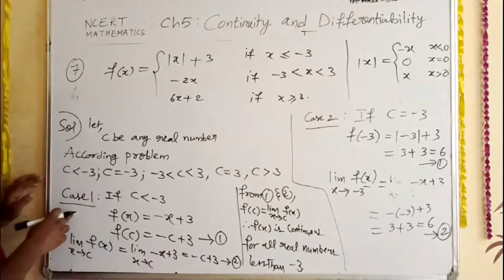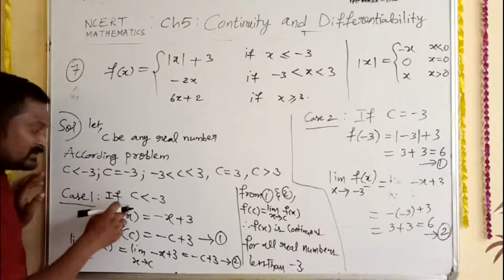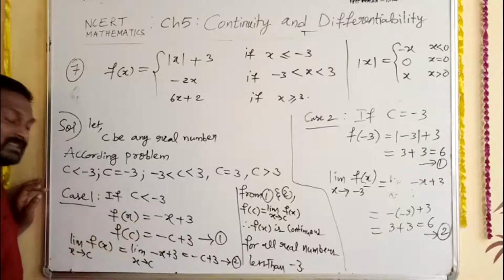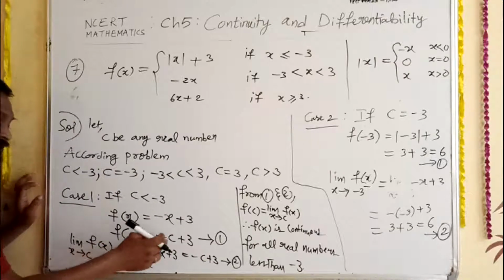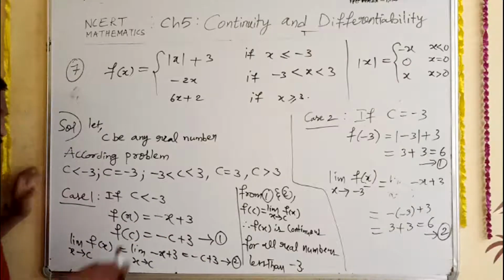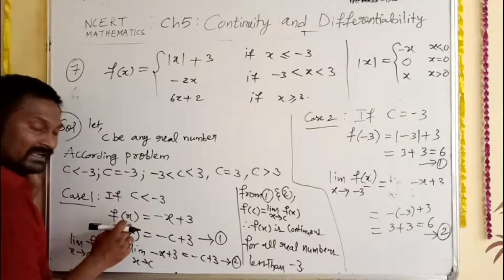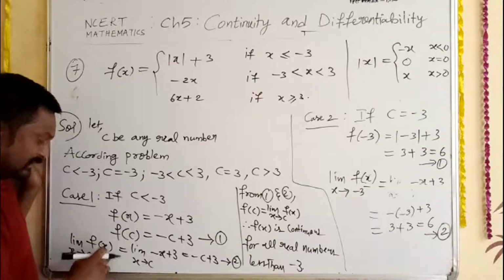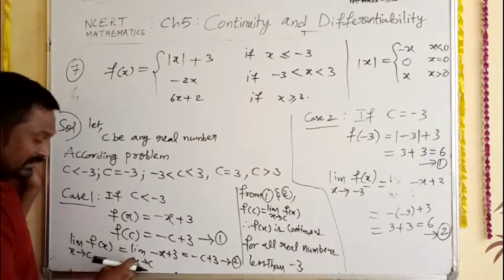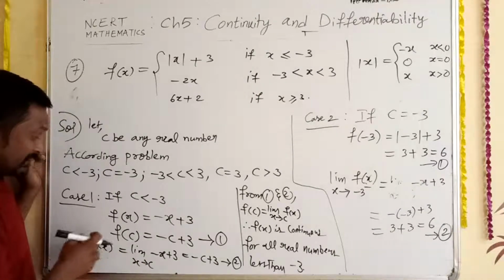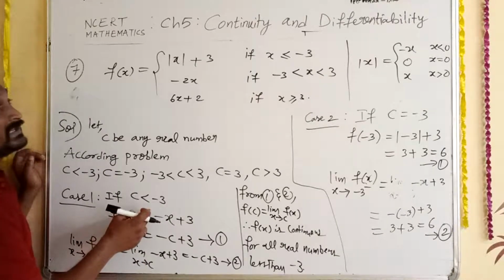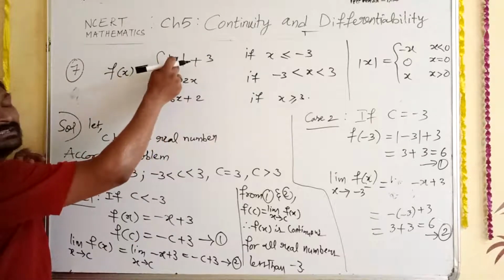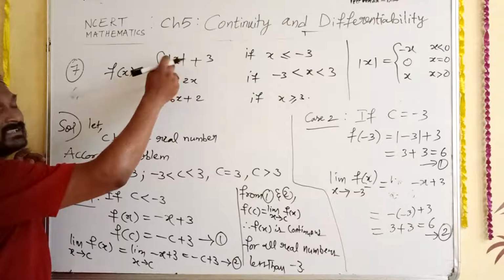Now case number 1: if C is less than minus 3, f of x is equal to minus x plus 3. So f of C is equal to minus c plus 3. Wherever x is there, substitute the C. Next, limit x tends to C of f of x. What is f of x when C is less than minus 3? Whenever it is less than minus 3, the modulus of x becomes minus x.